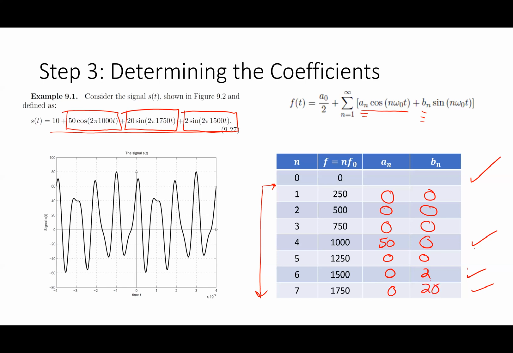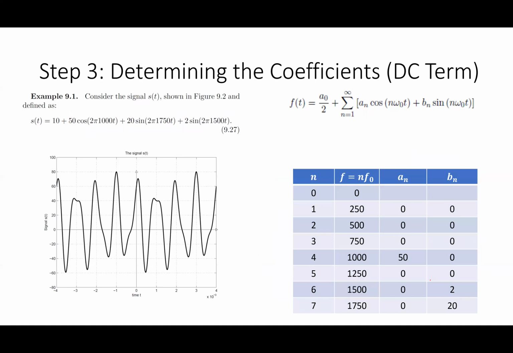Now, the thing that's always tricky for everybody is I did everything from the fundamental on down. I also have a DC term here. What's the DC term value? What should that work out to be? First of all, looking at this formula right here, there is never a B0 term.